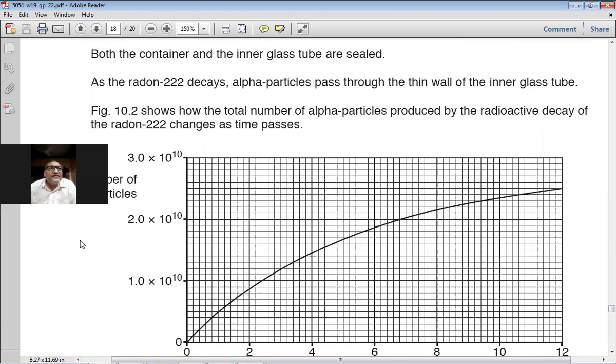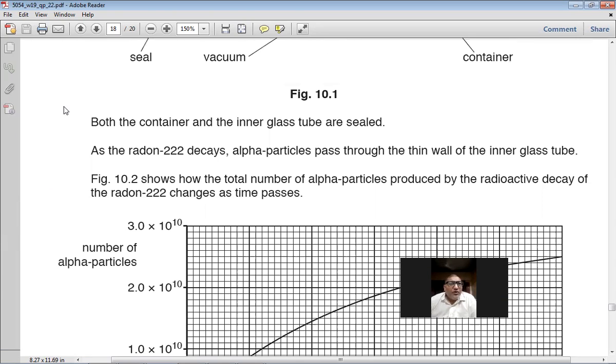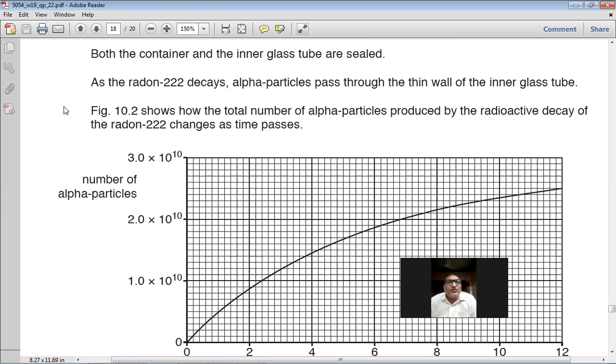Figure 10.2 shows how the total number of alpha particles produced by the radioactive decay of the radon 222 changes as time passes.